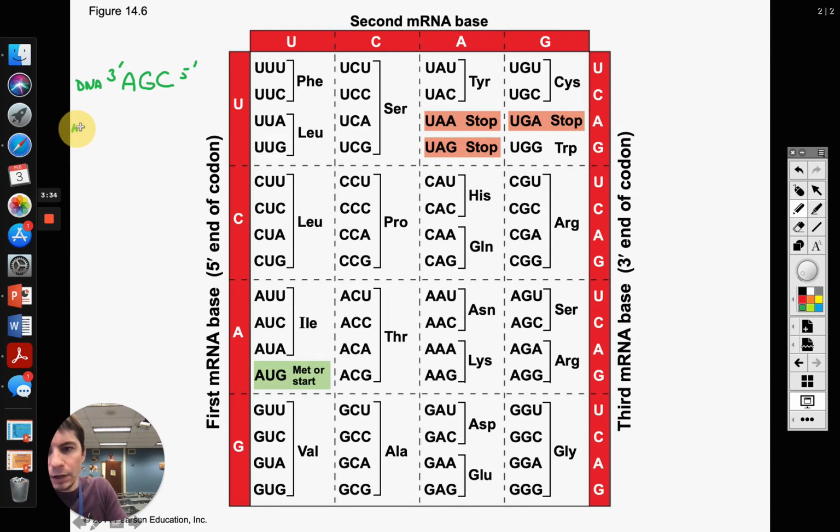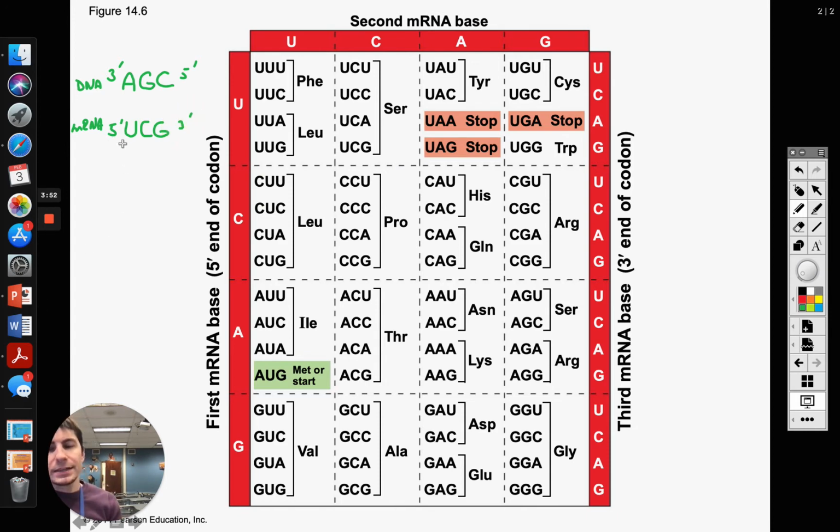Our mRNA, this side would be 5'. It always goes to the opposite: A would go to U, G would go to C, C would go to G, and then this would be 3'.